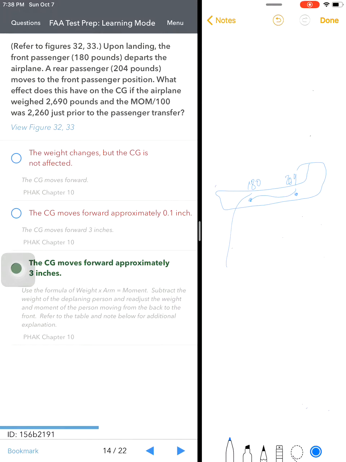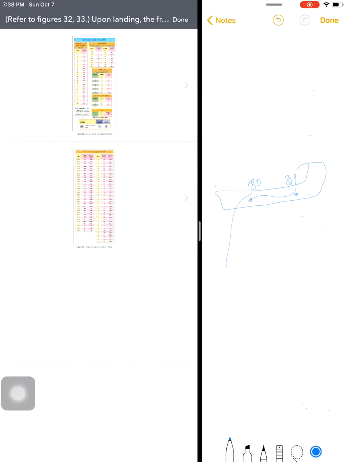But the answer that I've already come up with is 3 inches forward CG. The CG moves forward 3 inches because this is the heavier guy, so he moves forward. But remember, guys, I'm not skipping.